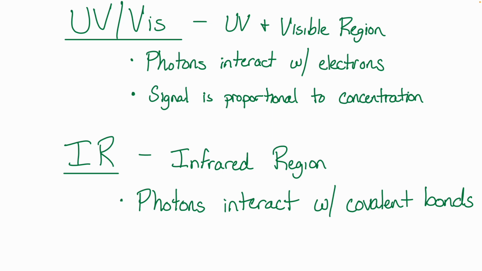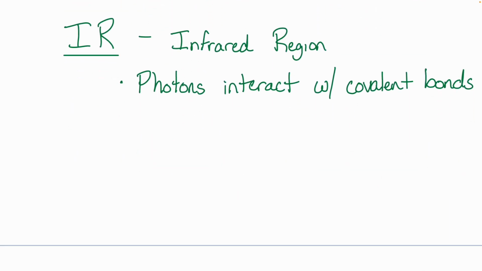This is a type of spectroscopy where, depending on where in the region you absorb, different covalent bonds will absorb different wavelengths. So we can see certain bonds using this type of spectroscopy. So in terms of what information we get, it's what bonds are present, and specifically, we call those our functional groups.